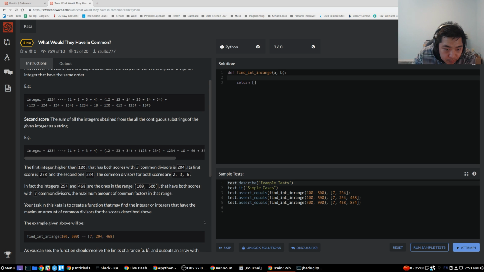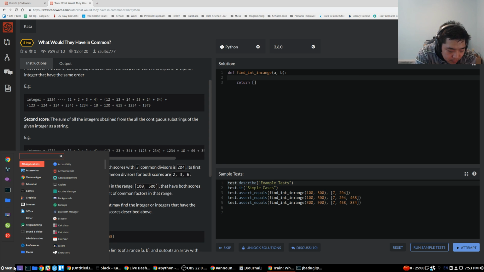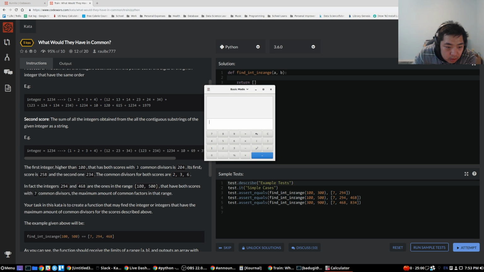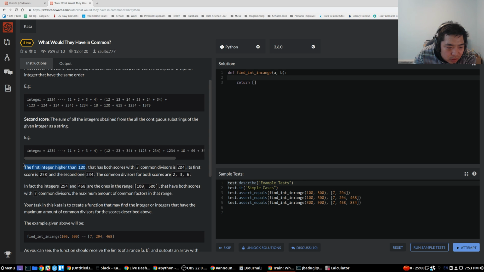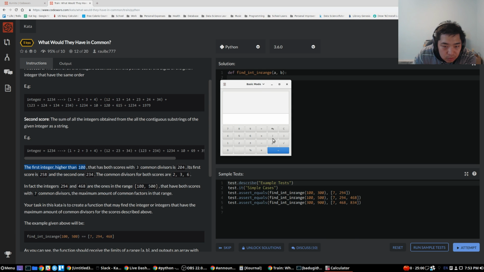I didn't know that. Okay, so basically you just have to find common divisors. The first integer higher than 100 that has both scores. What does this have to do with anything? I'm still confused, man. What does first integer higher than 100 mean?